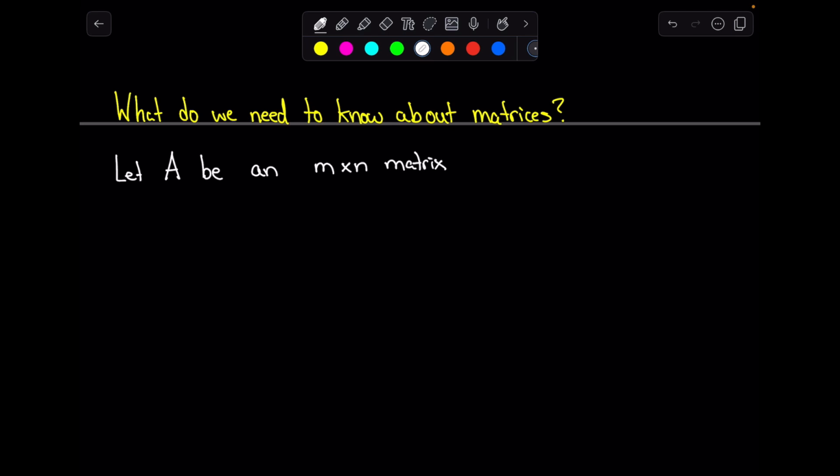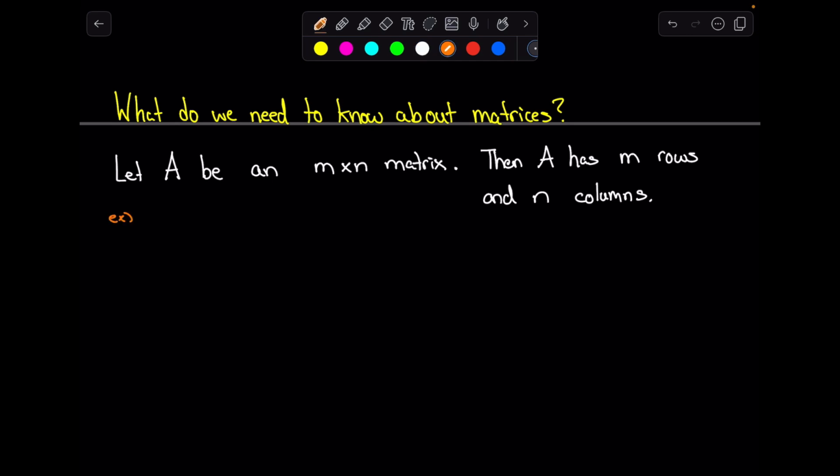Okay, so A is basically just the name of our matrix, and the idea is that the matrix A has M rows, and N columns. Okay, and that's super useful for us.